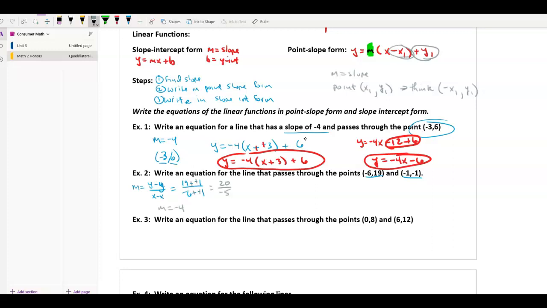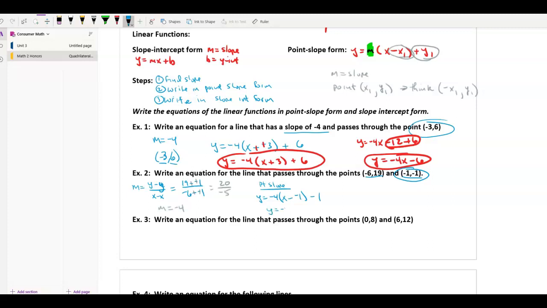Now right now, if I go to write this equation, I can use either one of these points. It doesn't matter. So I'll start here. Point slope form for this one would be y equals -4 times x minus x sub 1 would be -1. And since my y coordinate is -1, we would go -1 on the outside.